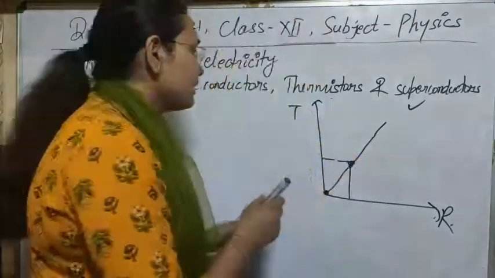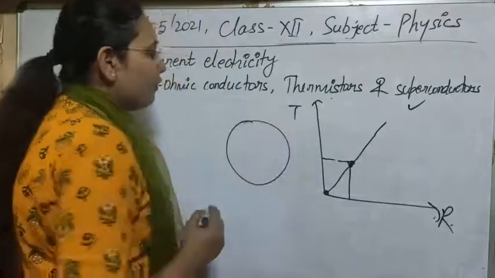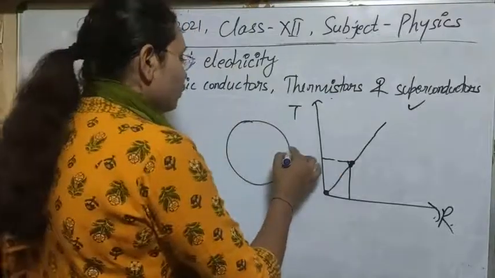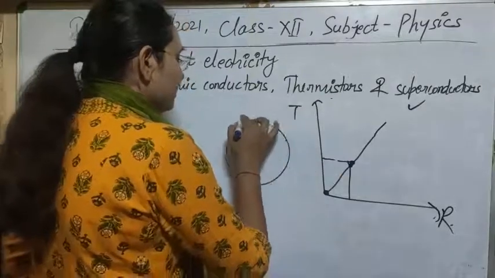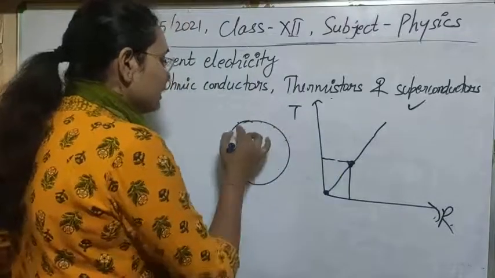So you can say that if you make a coil of superconductor and electrons flow, then one electron will follow another's path.